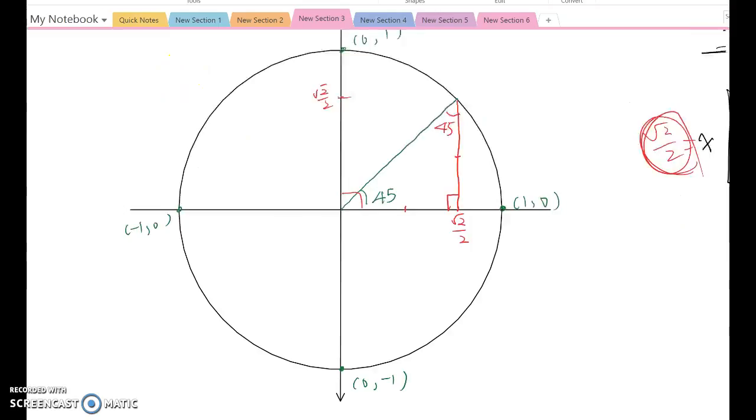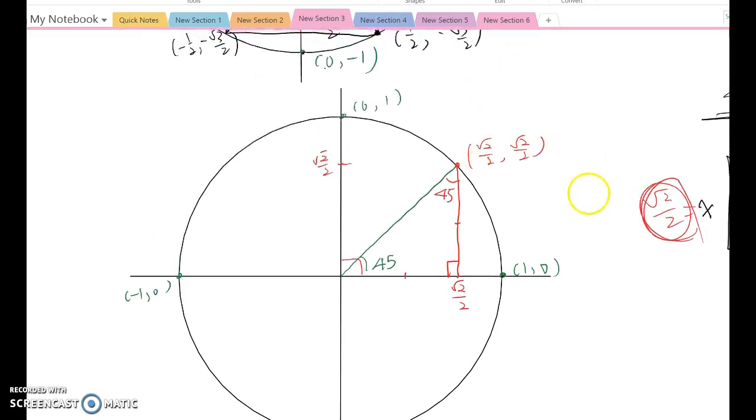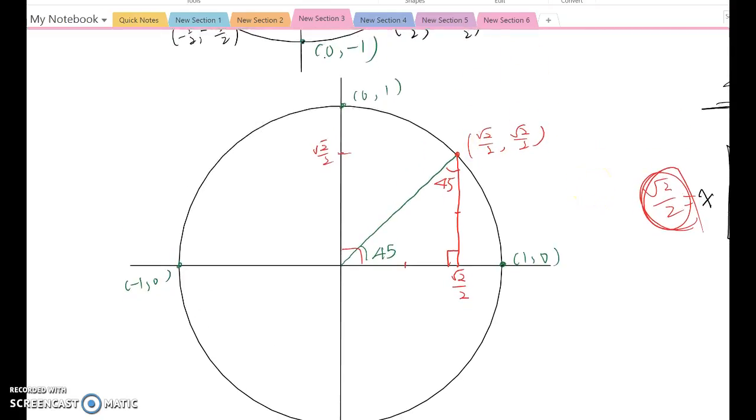Then you can make the 45 ordered pair, which is root 2 over 2 and root 2 over 2, and then double of 45, which is 90, 0, 1. Now 135, this becomes, as you see, negative root 2 over 2.